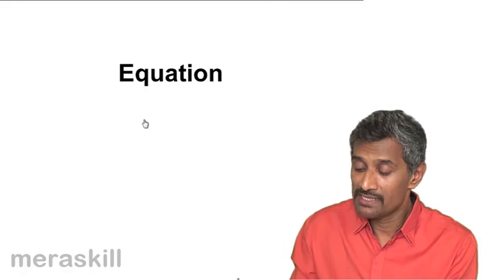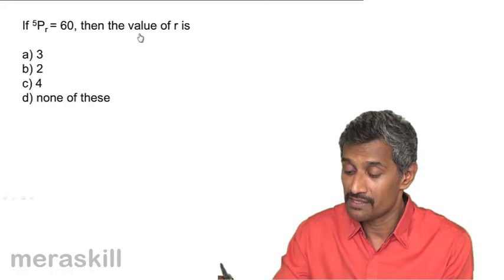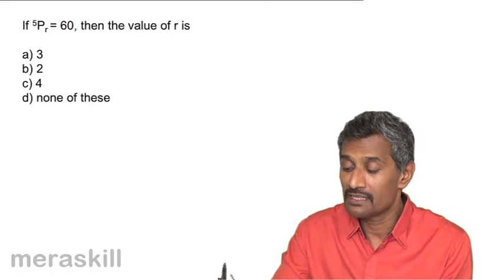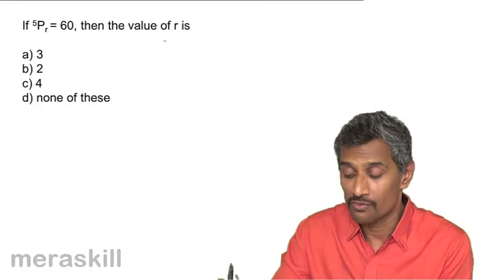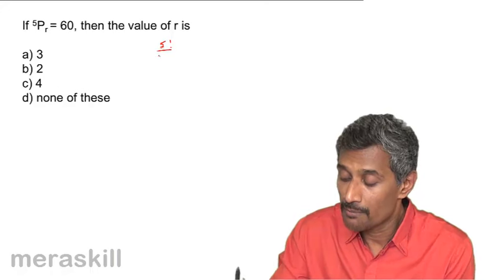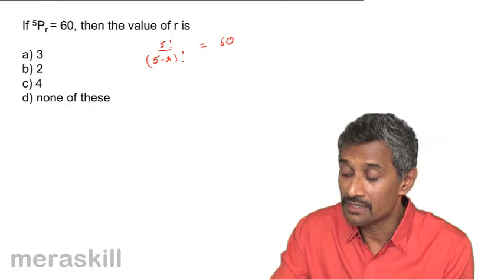Okay, now let's see how we can apply this particular example in this case. We have 5PR is 60, then the value of R is what? So 5PR is 60 means 5 factorial upon (5 minus R) factorial is equal to 60.